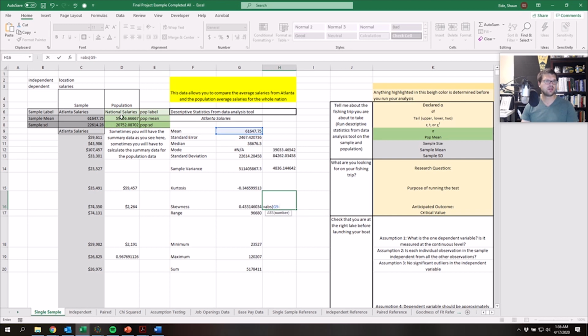So we'll do an effect size of 0.106, and I'm going to come right down here and put 0.106. Okay, so that's great, 0.106.